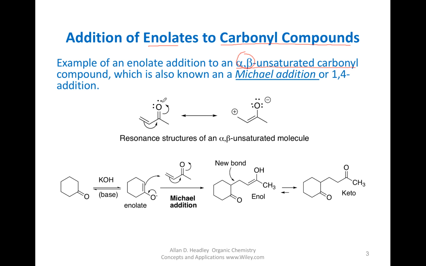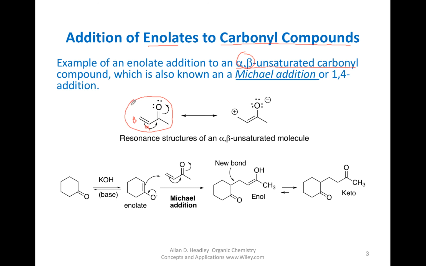So here's the carbonyl right here. This is the alpha carbon, and this of course is the beta carbon. The alpha beta carbons have a double bond, in this case an unsaturation. So that is why this molecule here is described as an alpha beta unsaturated carbonyl.